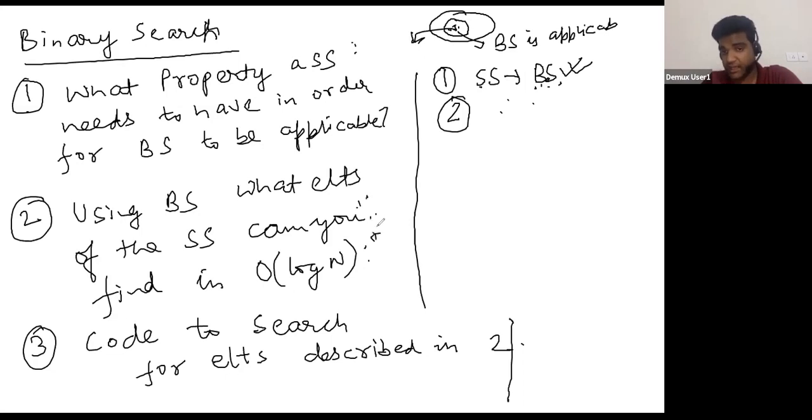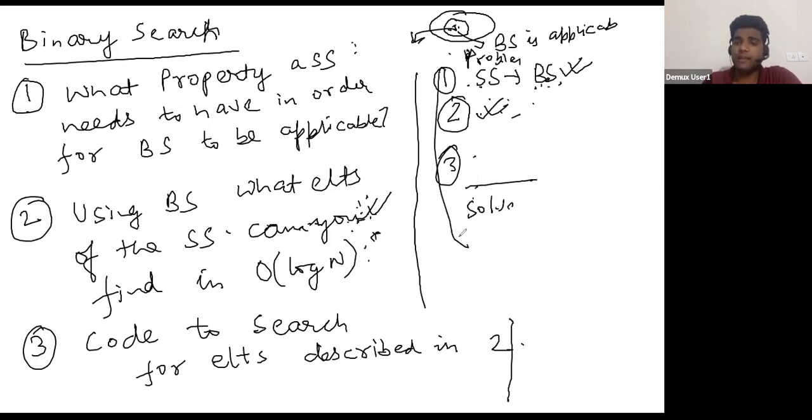So those certain elements, which I will tell you in this 2, will finding them help me in solving the actual problem at hand? That I will do next. If it does, then I will simply use the code to search for that element and then use that result to solve the actual problem. This is the typical approach that I will be using for a binary search question.